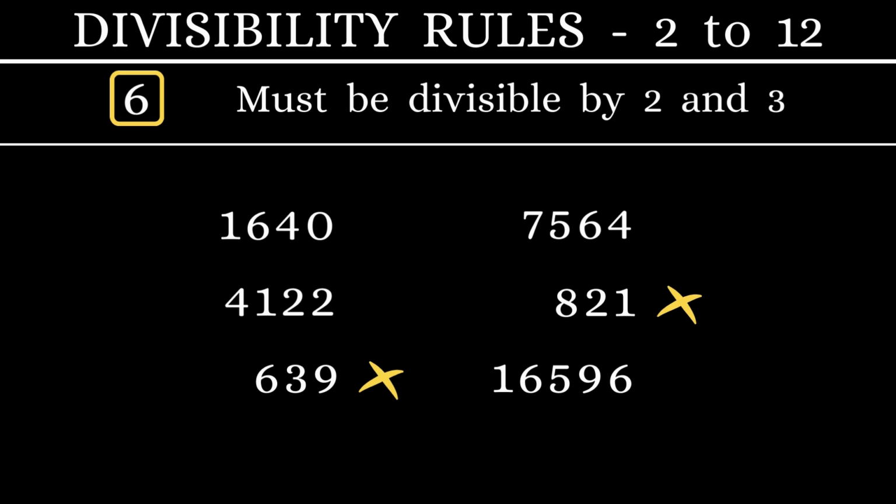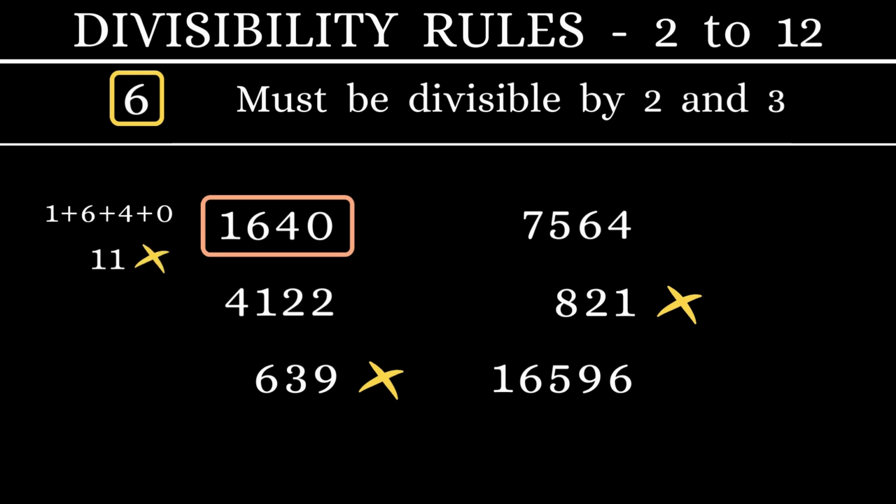So now we'll check divisibility for 3. When you add up the digits of the first number, 1640, we get 11, which is not divisible by 3.